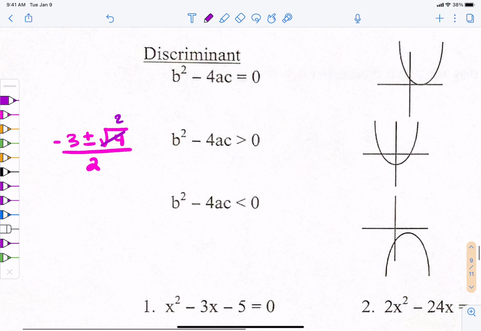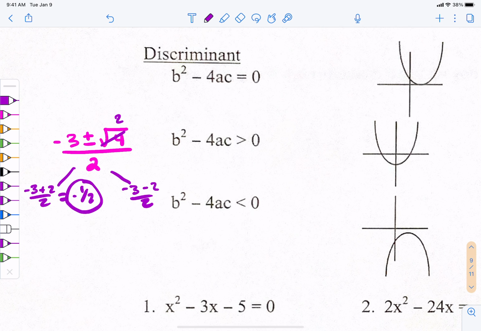So I would have two answers, negative 3 plus 2 divided by 2, and negative 3 minus 2 divided by 2. What is negative 3 plus 2 divided by 2? Negative 1/2, okay? And negative 3 minus 2 divided by 2 is negative 5 divided by 2, or negative 2.5, right?